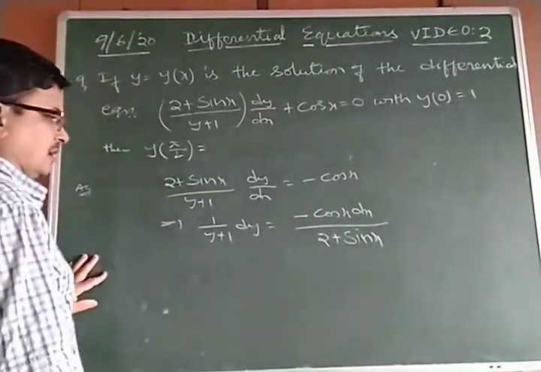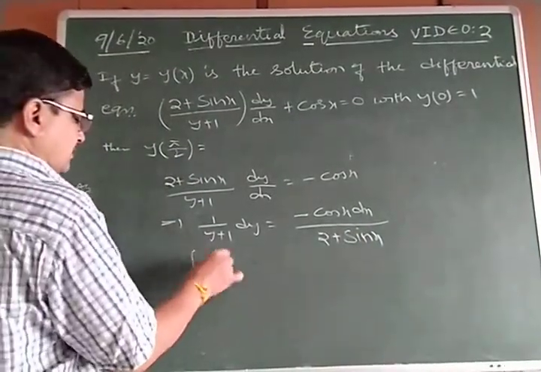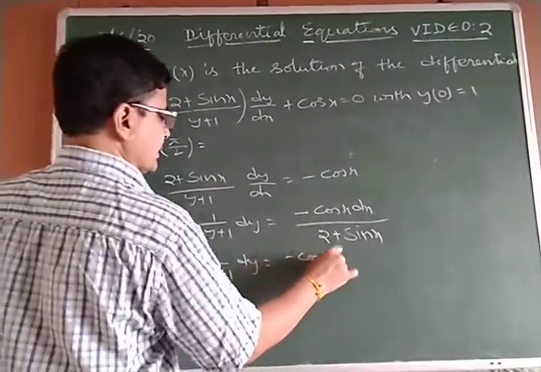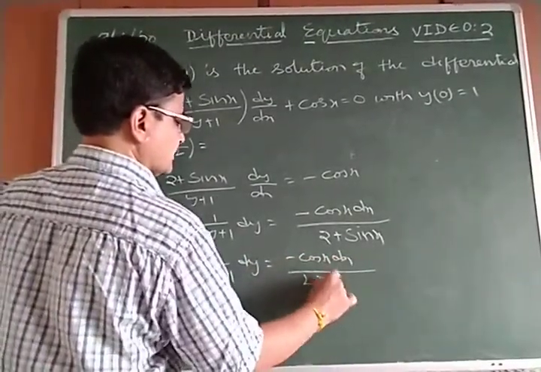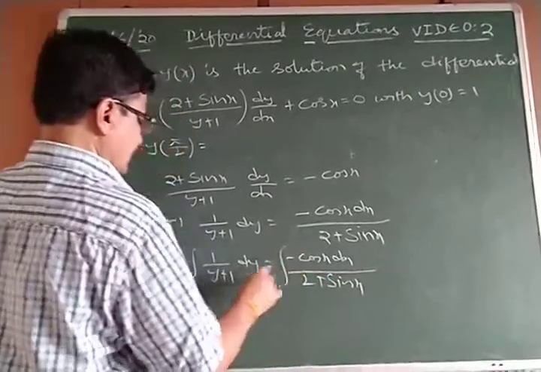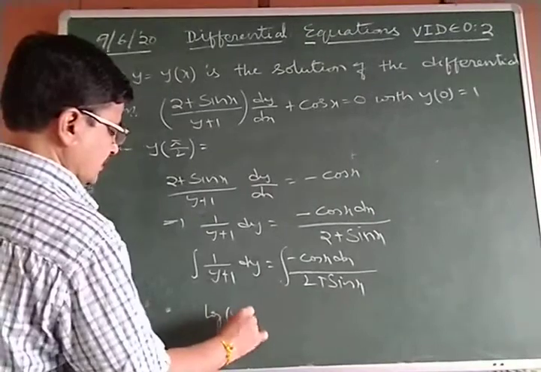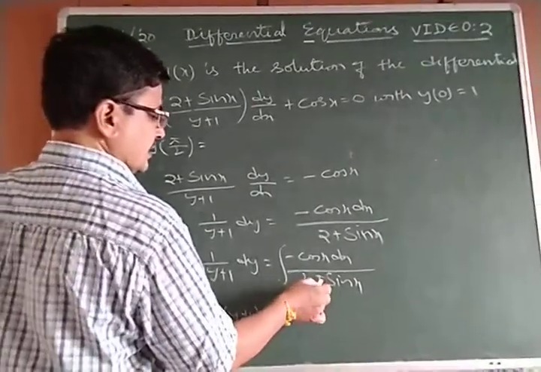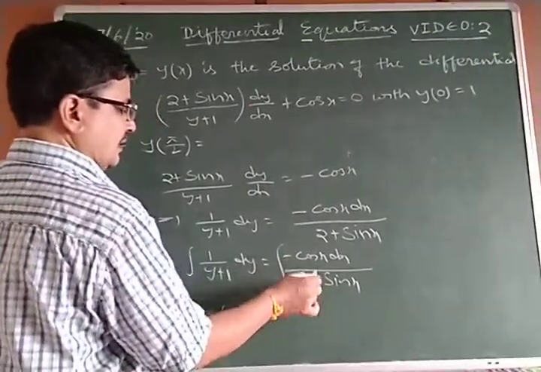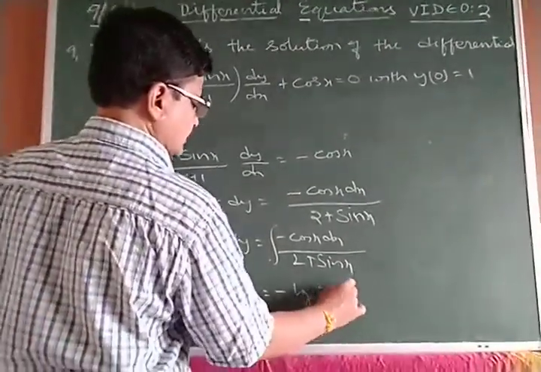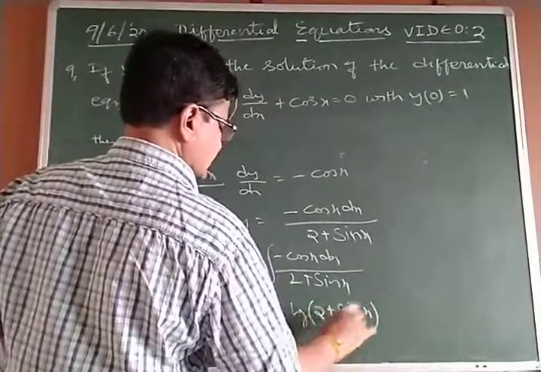Now applying integral on both sides, integral 1 by y plus 1 dy is equal to minus cos x dx by 2 plus sin x. Now it is f dash x by fx, that means log of y plus 1 is equal to minus log of 2 plus sin x plus c.